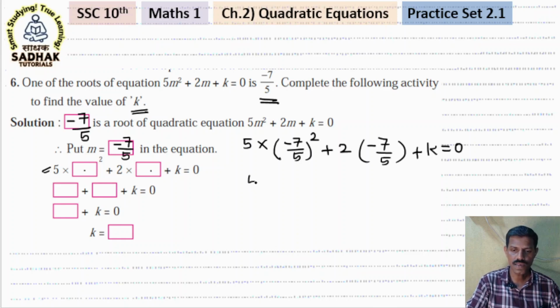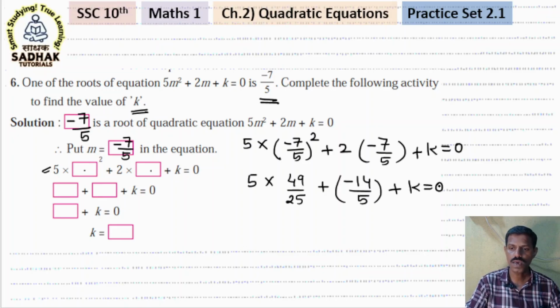Now let us simplify this. So minus 7 square will be 49 and 5 square will be 25. Okay, plus now this 2 multiplied by minus 7, because both are in the numerator. So 2 multiplied by minus 7 will be minus 14 upon 5 is in the denominator, okay, because it is minus sign here, I am putting it into brackets, plus k is equal to 0, okay.